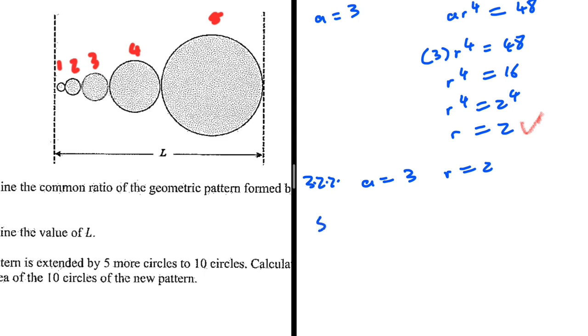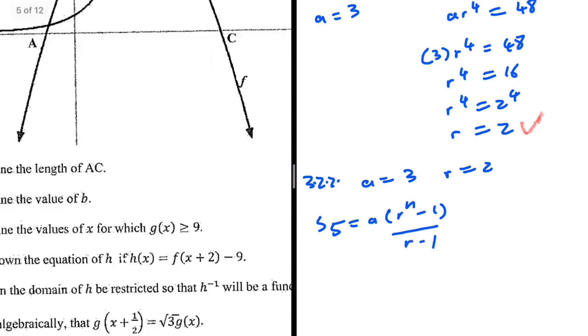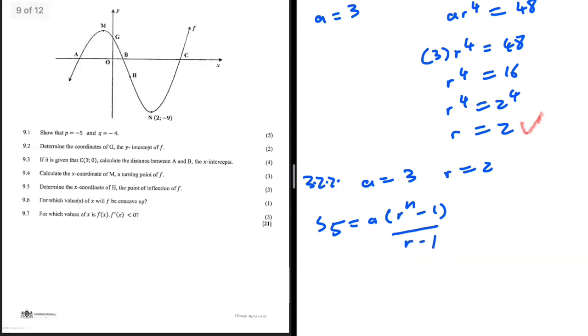S5, the sum of the first 5 circles: how do we calculate the sum when we are given a finite geometric series? I think it is a(r to the n minus 1) divided by r minus 1. Let me just verify this before I make any silly mistake.